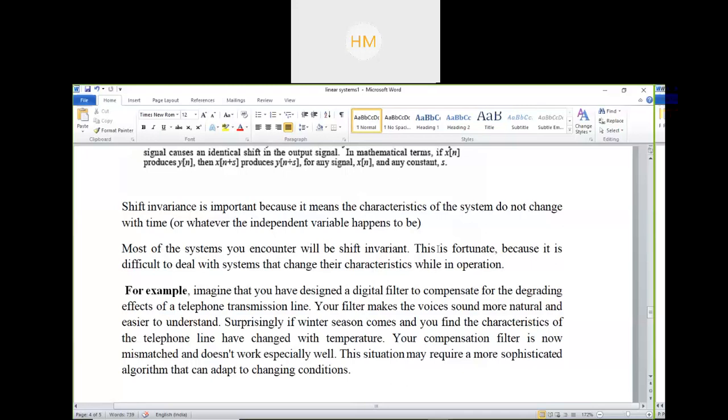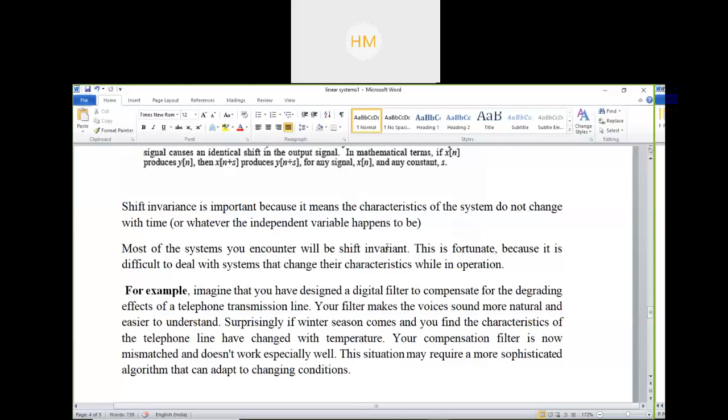Are you getting this? It is a very important property because if any kind of signal is passed through the DSP system, and after a certain amount of time the characteristics of that signal change, then what will happen? The output will be changed and we can't use that output signal for the application which is required.